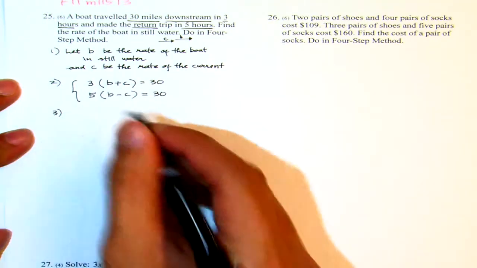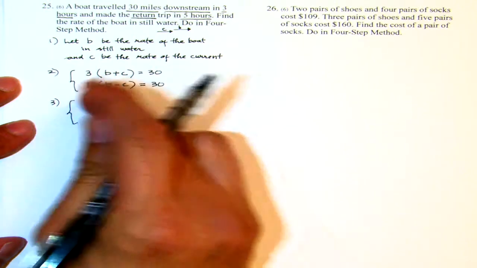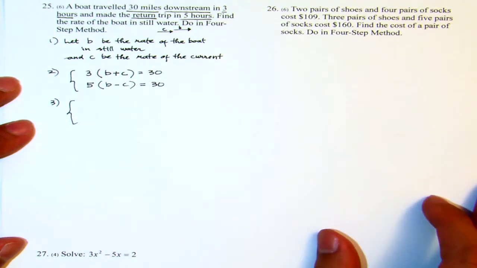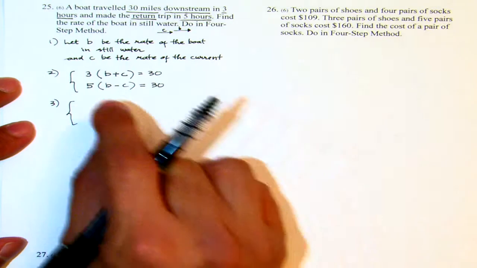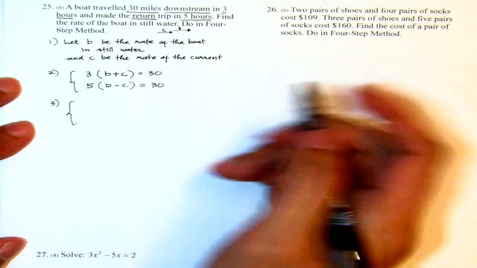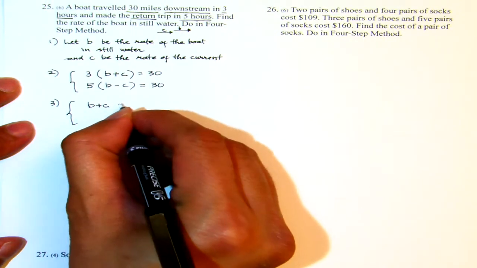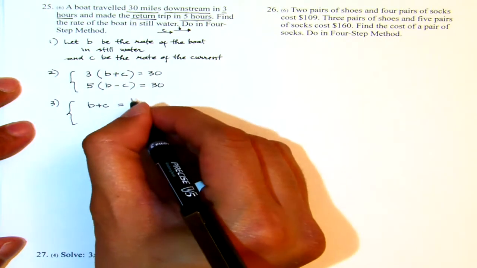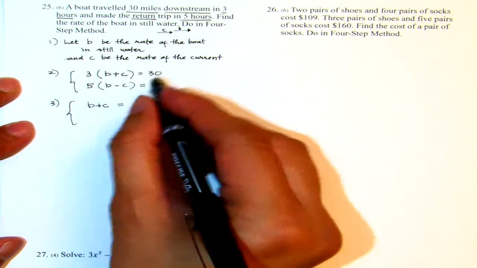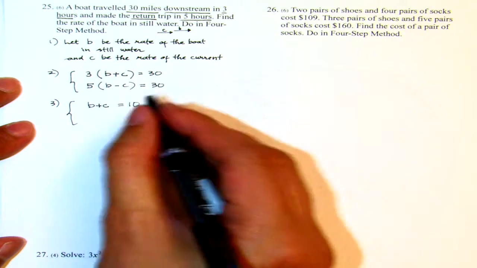Now step 3, we will solve that system of equations. Instead of doing distribution, let's do this. We see that 3 times something equals 30 means that thing, this group B plus C, equals, as you can guess, 10, right? You divide by 3 both sides.